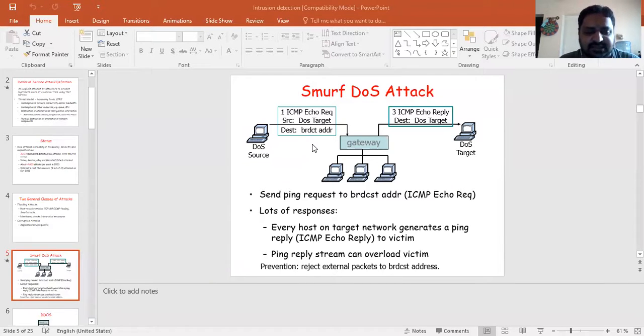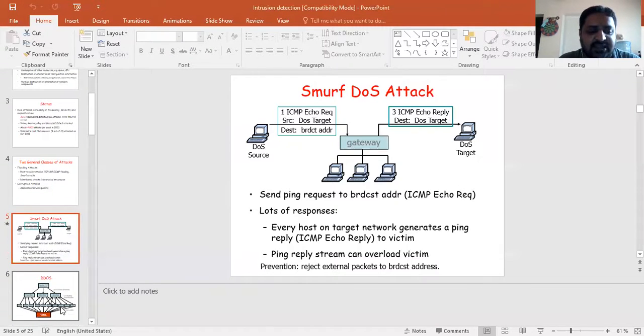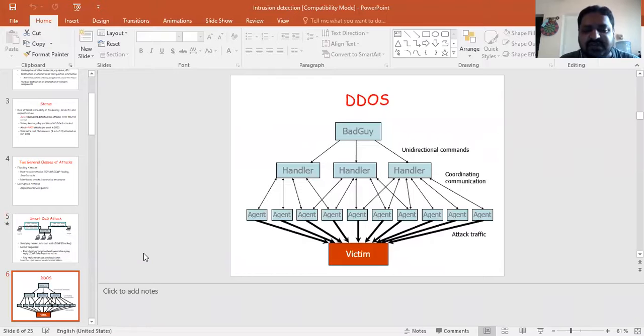or, for example, they are also called point-to-point attacks. And then we have another type of attack called distributed denial of service attacks. For example, in the system, as we discussed, they form a hierarchical network where different services are distributed to different systems.